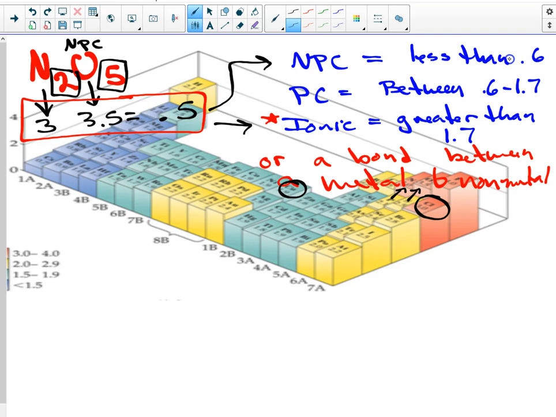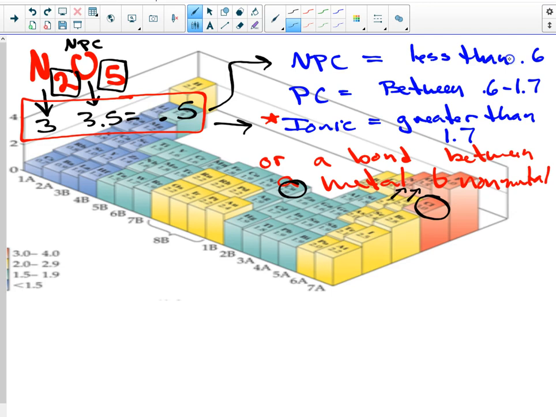And then typically, if you are greater than 1.7, it is ionic. Now, we just had one that was greater than 1.7, but it wasn't ionic, and that was HF, correct? The reason HF is not ionic is because it's not a metal and a non-metal.